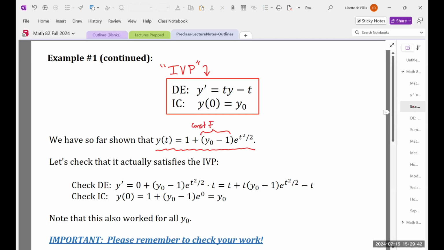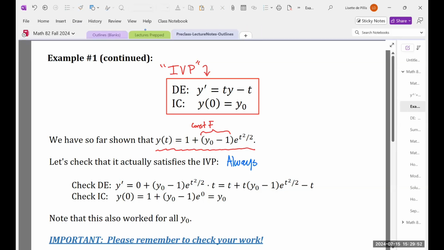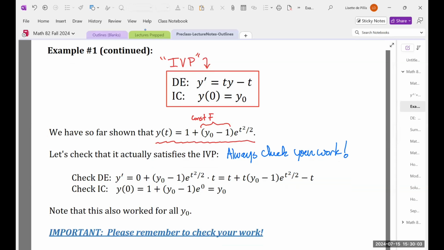Now we want to make sure it satisfies the whole initial value problem. So it's important to always check your work. Always check your work. And you can do it, because if I've written down a solution, all you have to do is plug everything back into the differential equation and the initial condition.